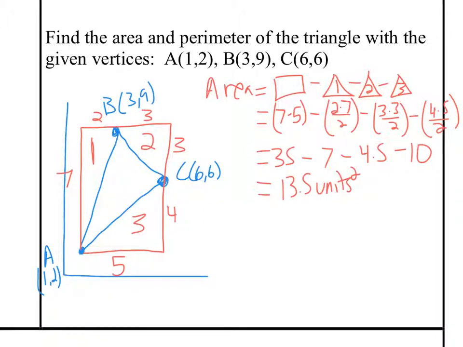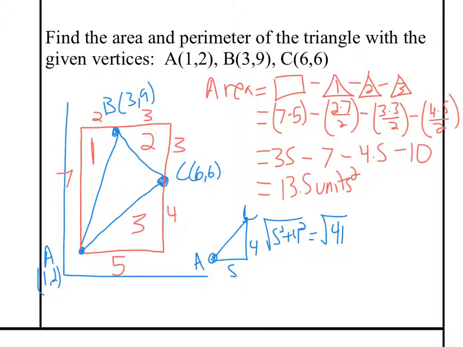Okay, so now the perimeter. So I need to find the distances of each side of the triangle. So the distance for AC would be the square root of 5 squared plus 4 squared. So that would be the square root of 25 plus 16, which is 41.